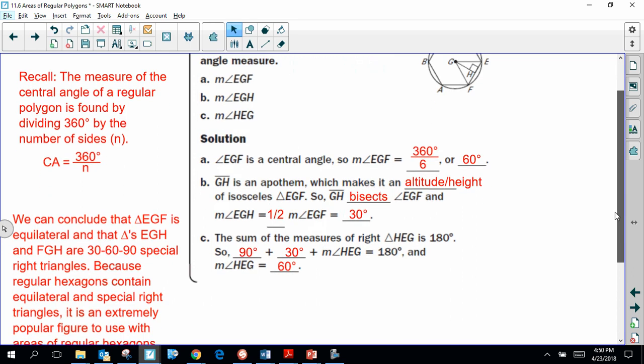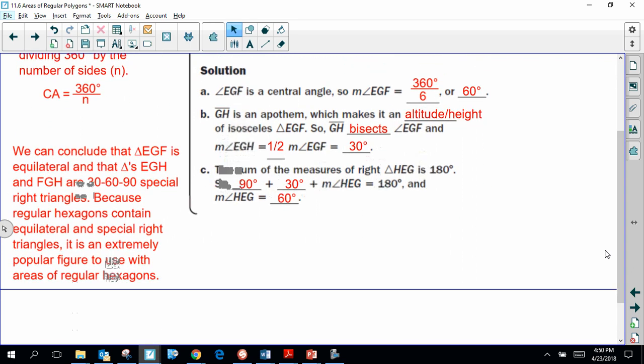Now here I've added a little note. We can conclude that triangle EGF is equilateral, and that triangles EGH and FGH are 30-60-90 special right triangles.